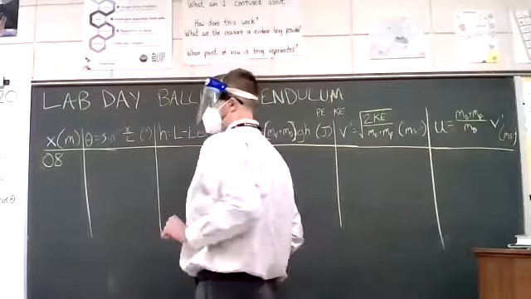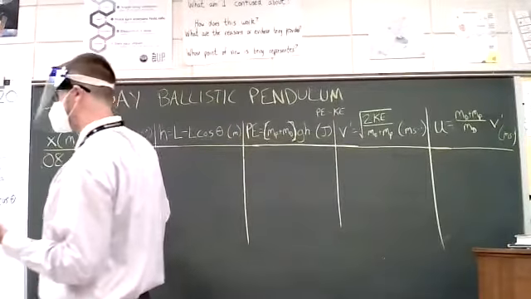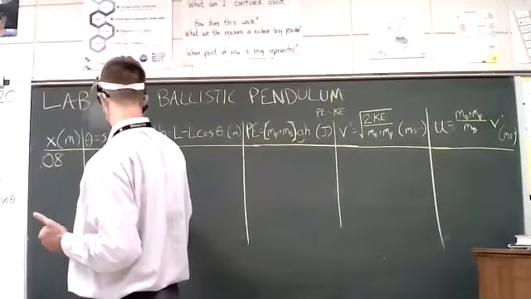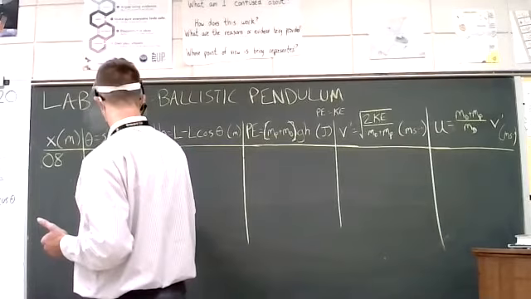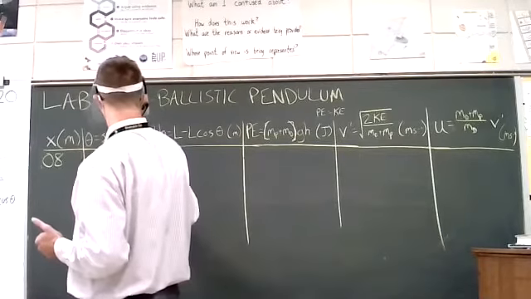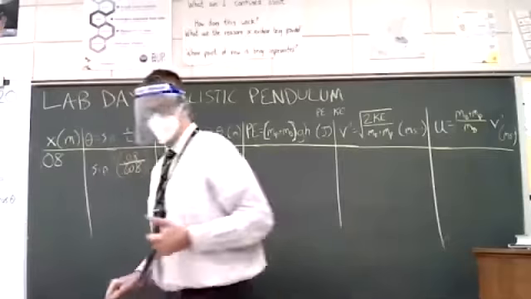The initial length of the pendulum string was 0.608 meters. So we're taking 0.08 over 0.608. That ratio, the inverse sine of it, gives what?